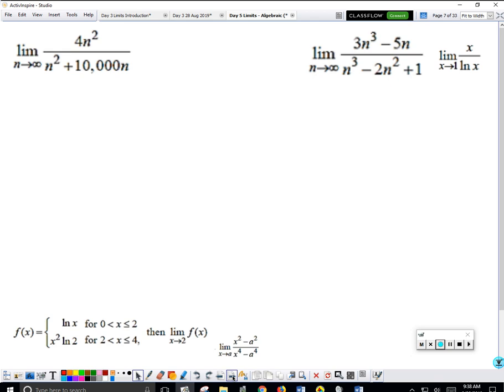Okay, I believe I had you write in your notes last time that when you see a limit problem where they're giving you a formula, so it's not a graph, your first thought should be, hey, let's see if it's a limit as x is approaching infinity.